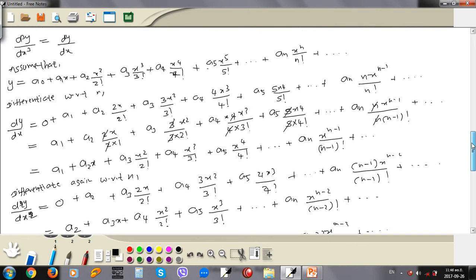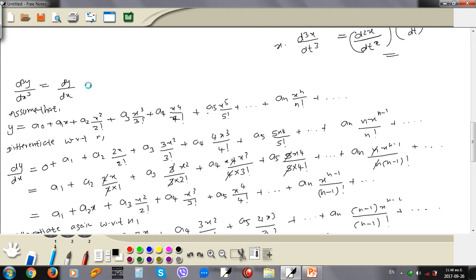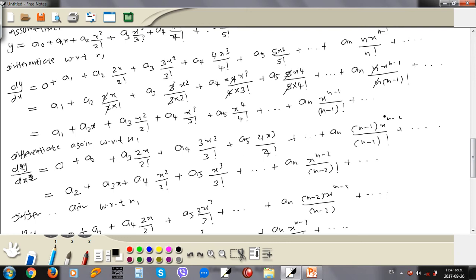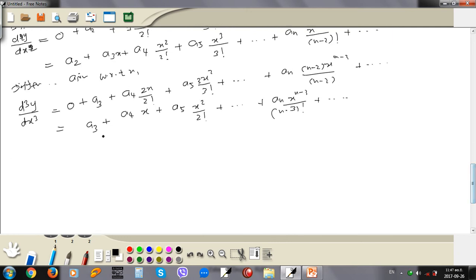Then our given relation is d cube y over dx cube equals dy by dx. So here I am taking this equation dy by dx as 1 and d cube y over dx cube as equation 2. According to the given relation, 1 equals 2, right?